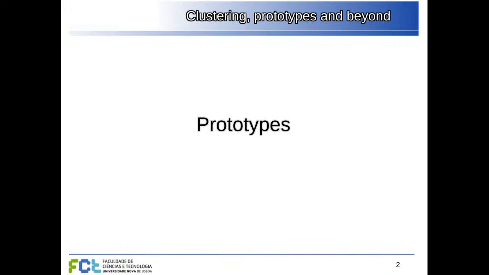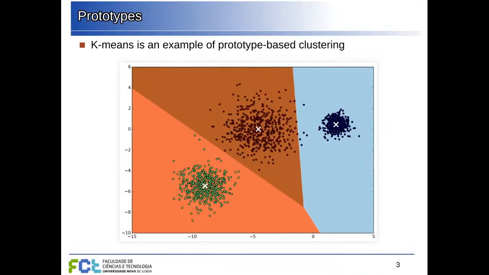So we saw with k-means an example of prototype-based clustering. This is a type of clustering where we select some examples or some vectors in the same feature space as the examples, as happens with k-means, to represent the clusters by becoming a prototype for the whole cluster.